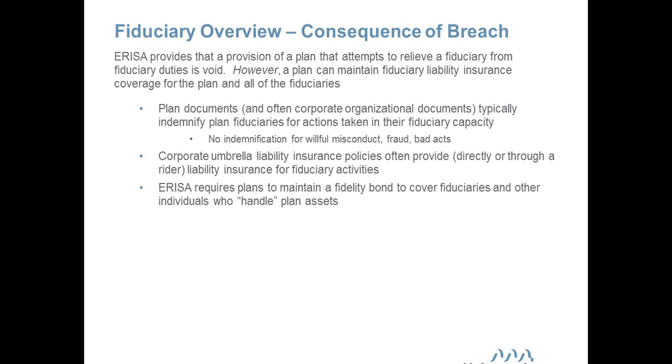An investment advisor may be handling plan assets if they are a 338 manager, an investment manager with discretion. Those people are required to be covered under the fidelity bond, which covers things like theft, stealing from the plan. But the fiduciary liability insurance is more to cover the people doing the decision-making on the plan or the day-to-day operations in the event someone makes a mistake.